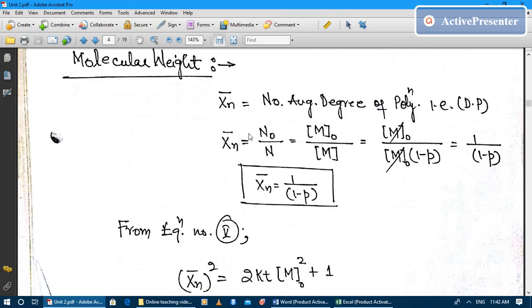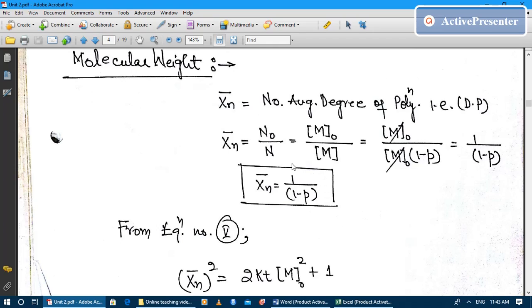So Xn bar can be defined as the concentration of the monomer initially taken divided by the concentration of the monomer at any time t, and we know that the concentration at any time t is equal to M naught (1 minus p). Here M naught will get cancelled out, and Xn bar, number average degree of polymerization, is equal to 1 over 1 minus p.